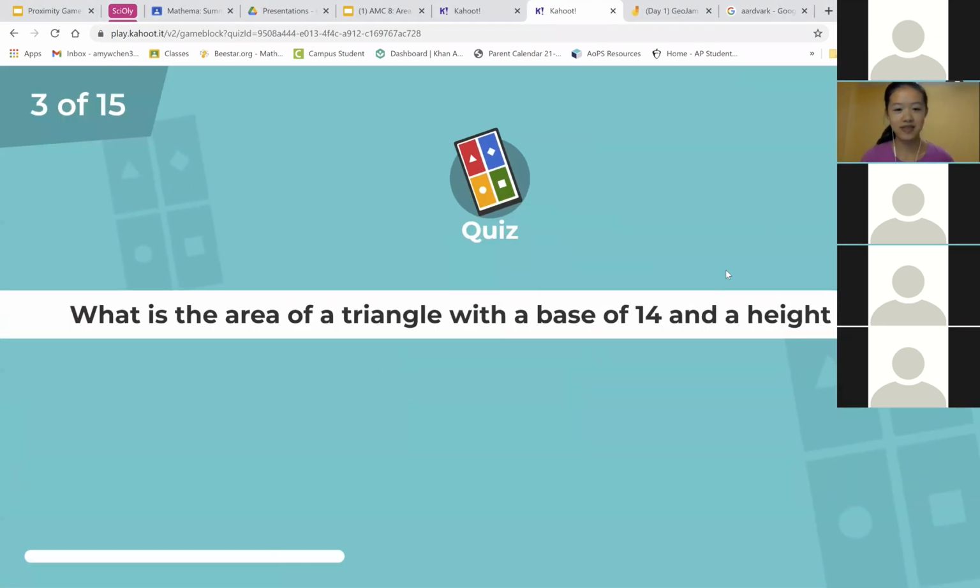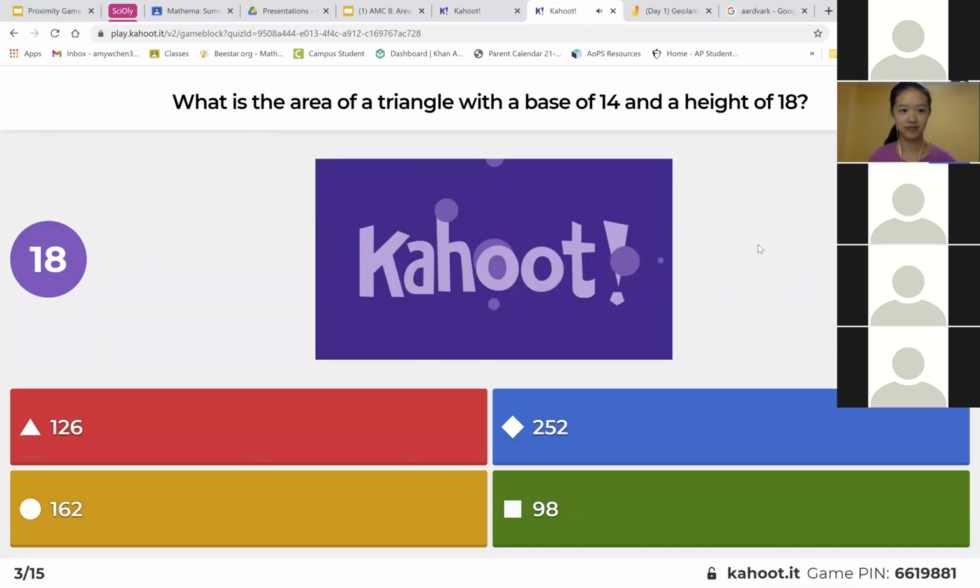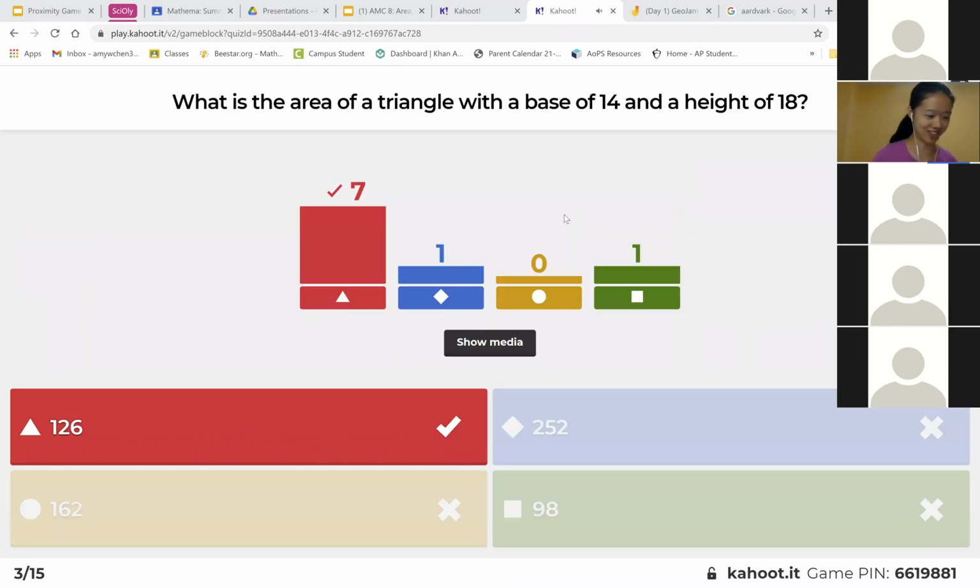All right, what is the area of a triangle with a base of 14 and a height of 18? Oh, I have a strategy for this. I could ask you to share it, but I don't know if you'd want to. No, I want to. I'm fine with sharing.